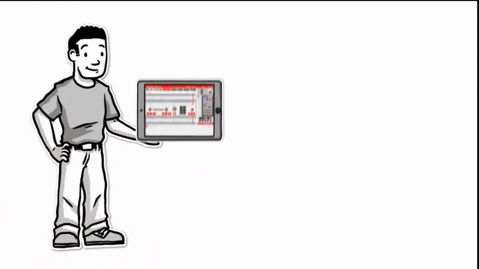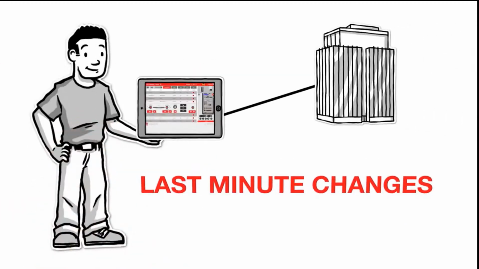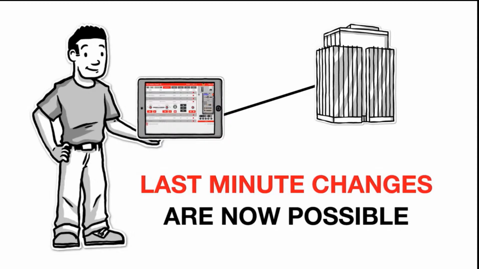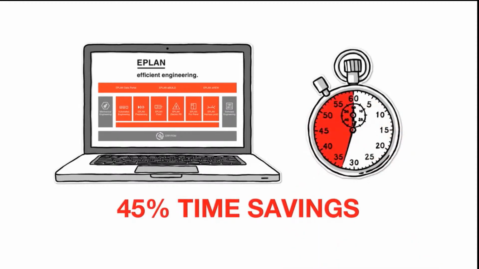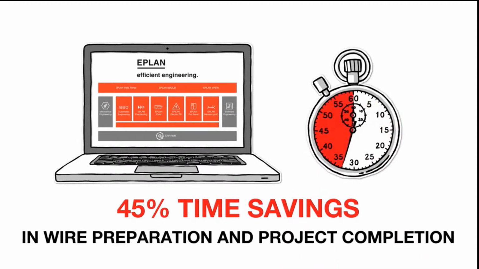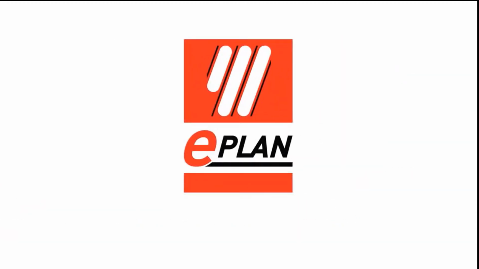By running an automatic project comparison, last-minute changes are now possible. Using ePlan Pro Panel, Smart Wiring and eView will give you a 45% time savings in wire preparation and project completion.